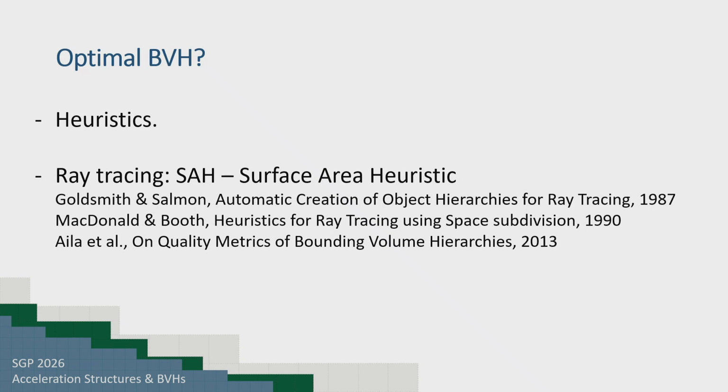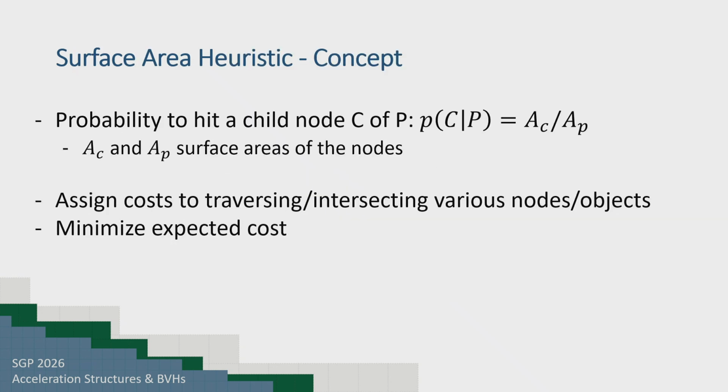I'll try to outline the idea behind it briefly. Basically, you can show that the probability of hitting a certain child node within a parent node depends on the area of the child node compared to the parent's area.